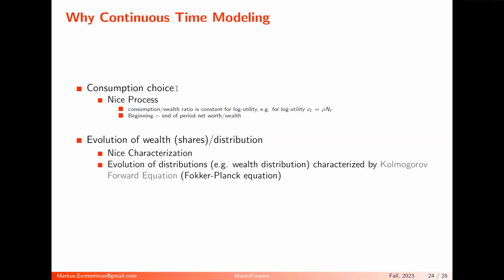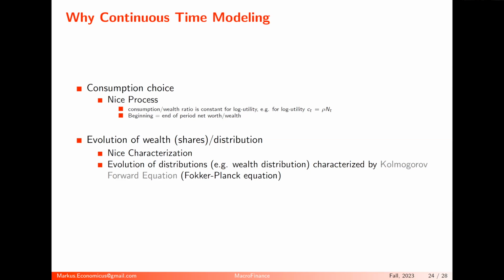But I should also say in continuous time, you get a nice characterization. If you do discrete time, you go to the computer much earlier. You say, I cannot do anything analytically anymore, I go to the computer, I go to numerical. But you cannot characterize many things. You can only say, here's my simulation. You cannot do so much analytically. And the beauty of what you get in continuous time in these settings is that you can get the wealth dynamics analytically.